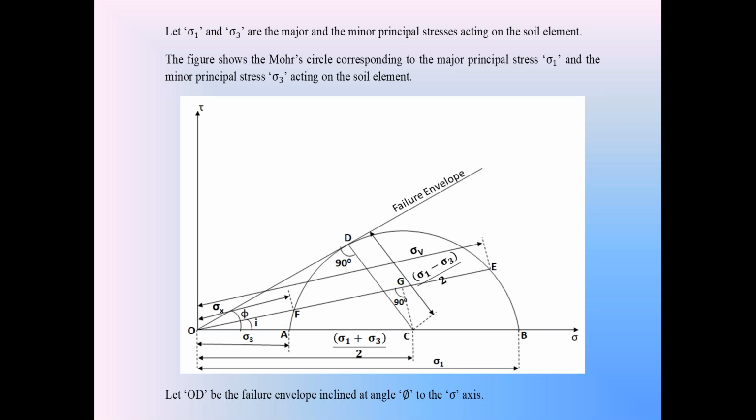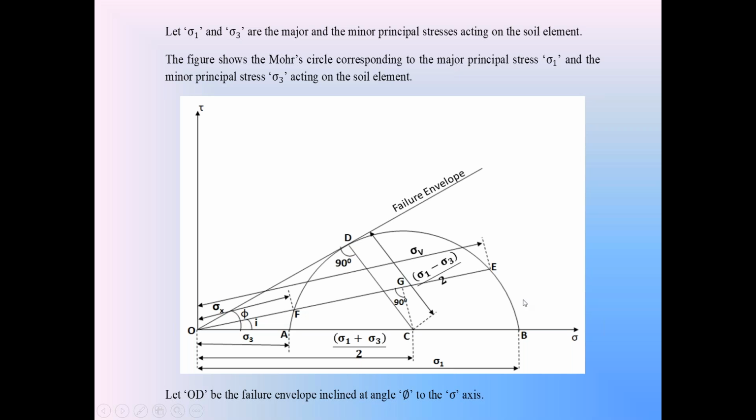So in the Mohr stress circle diagram, at the minimum active earth pressure, the Mohr stress circle touches the failure envelope, because the backfill is in failure condition at the minimum earth pressure, that is the active earth pressure. Once this Mohr stress circle touches the failure envelope, the length OF indicates the minimum value of sigma x, that is the active earth pressure acting in the backfill when the backfill has an inclined surface.